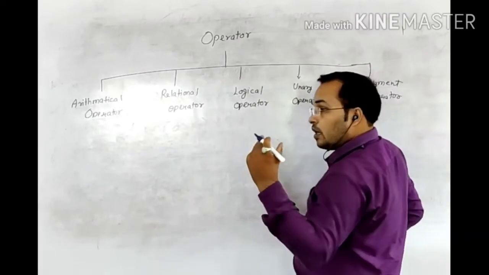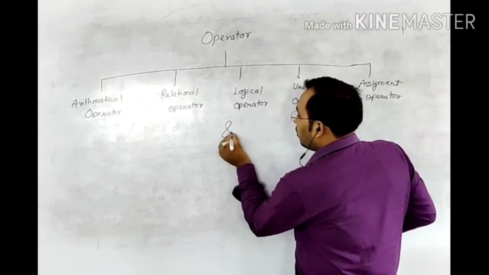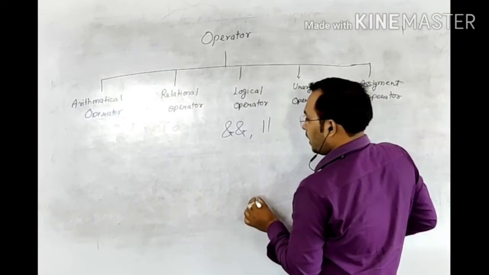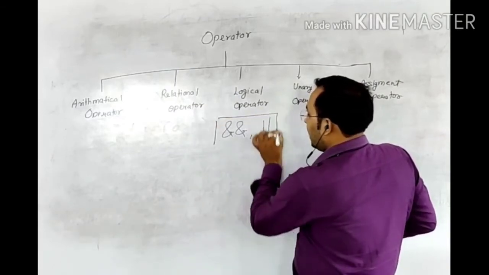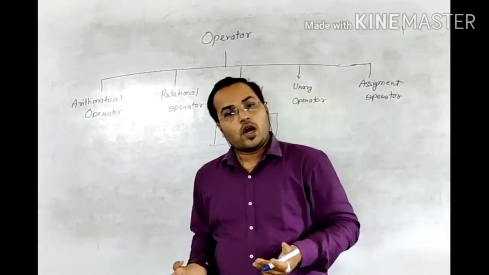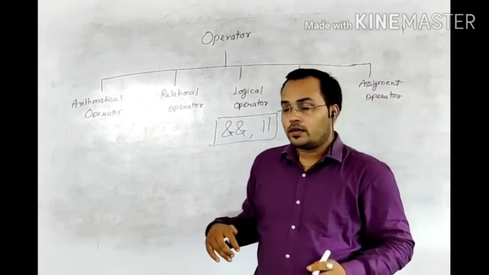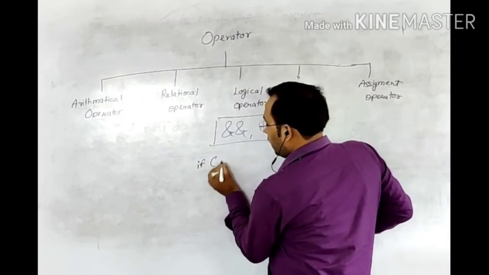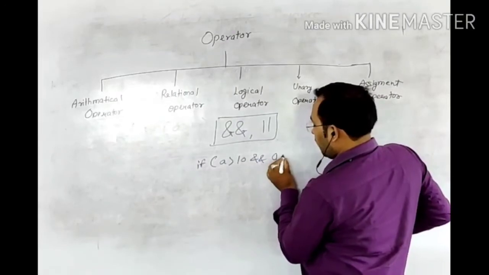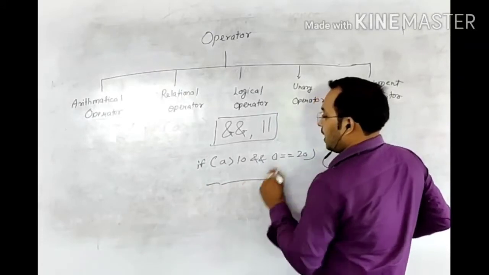In this case, we have to find out the logic, and logic will be found out by these conditions: AND operator, OR operator. These two will decide whether this condition is going to be executed or not. So logical operation performs what? If a greater than 10 and a is equal to 20, then it will execute.